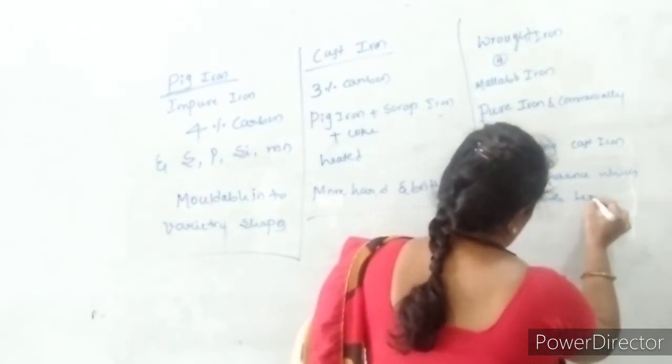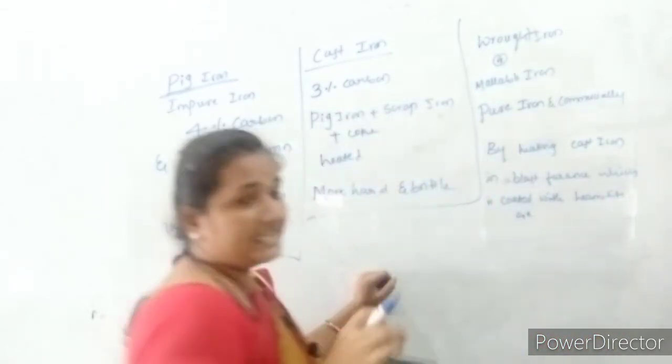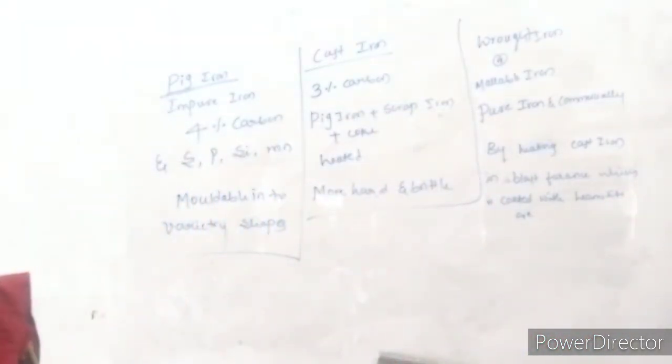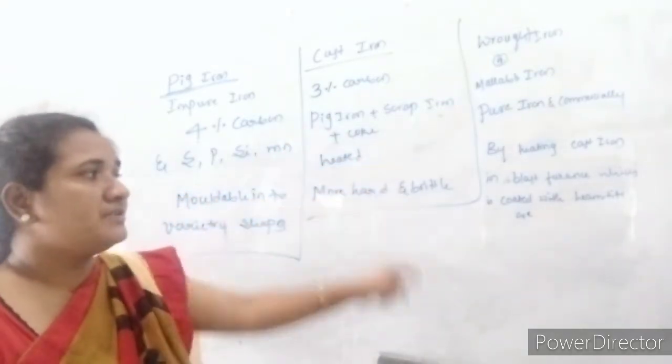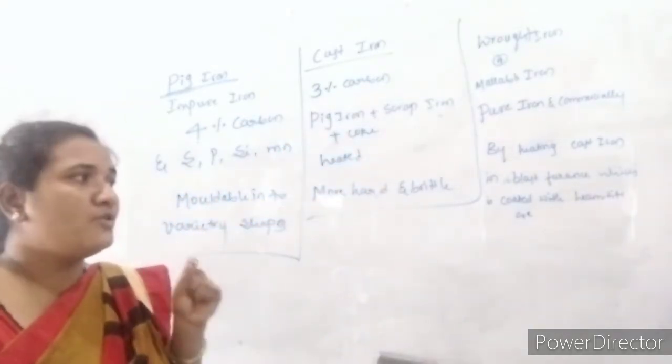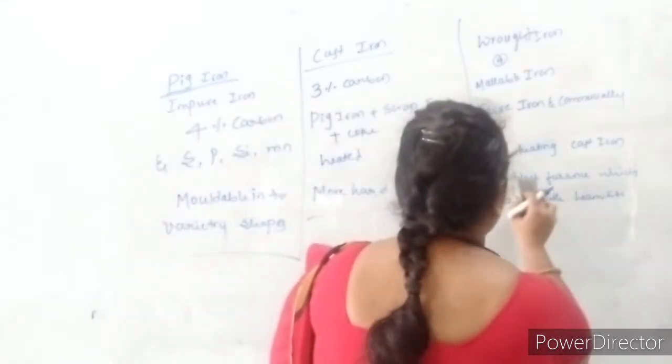Again we use hematite ore to remove the impurities present in the cast iron. And moreover, here we are going to use a new form of furnace, called the reverberatory furnace.